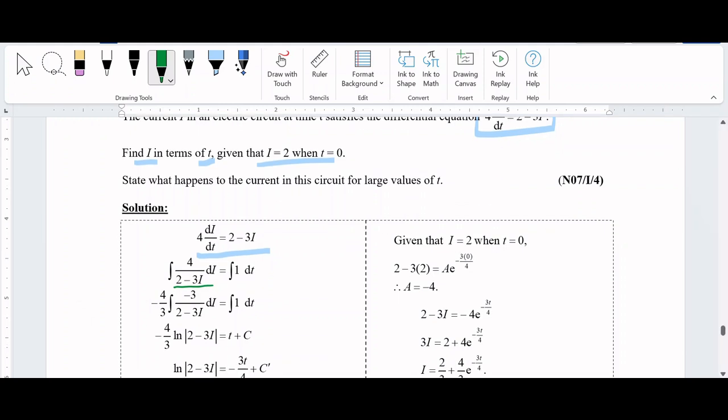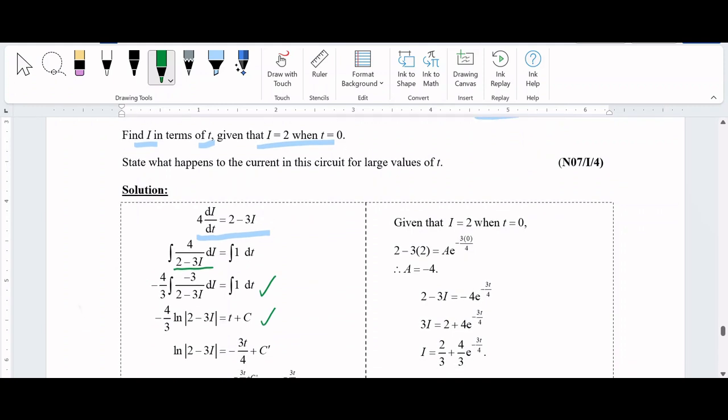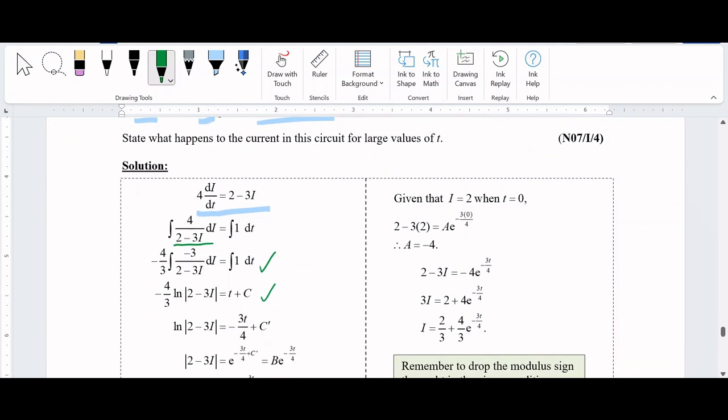Integrating both sides, I can leave this integration to you because this is technique of integration. If you realize you're struggling with techniques of integration, do go back to revise the earlier chapter, because we mentioned before, without the foundation of technique of integration, you're going to struggle for DE.